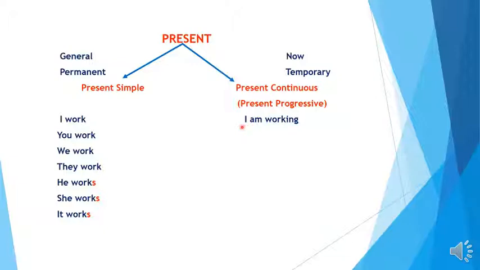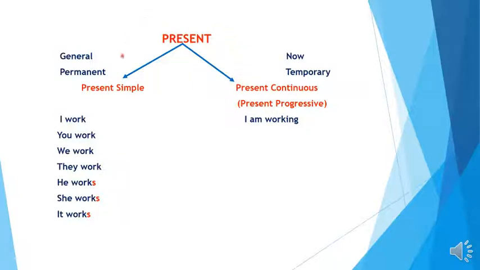So the idea of this sentence is the action is happening now. I am working. That means the action working is happening now. This kind of sentence is called present continuous tense. Sometimes we call it present progressive as well.